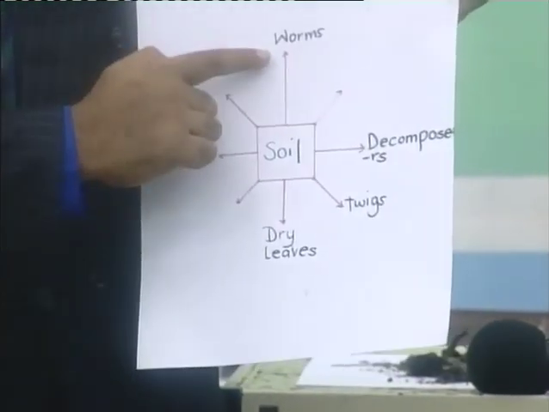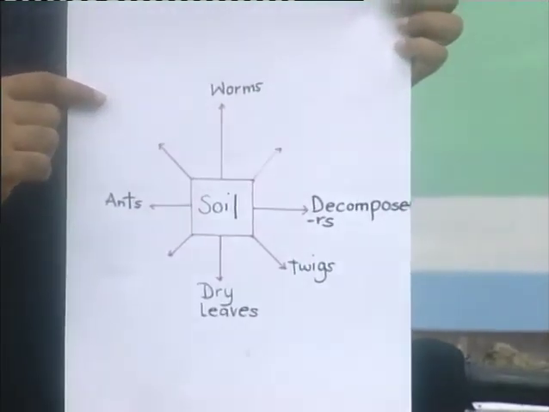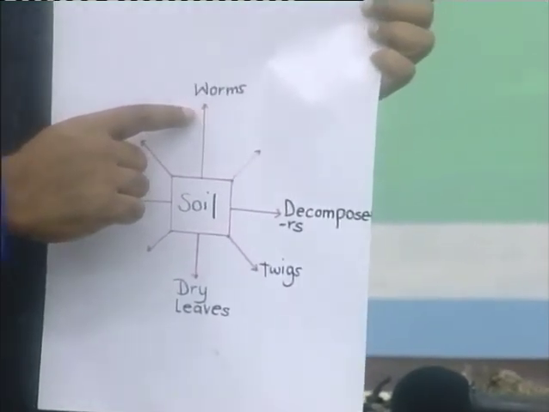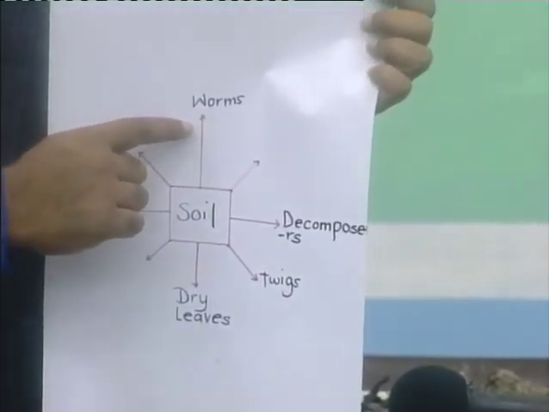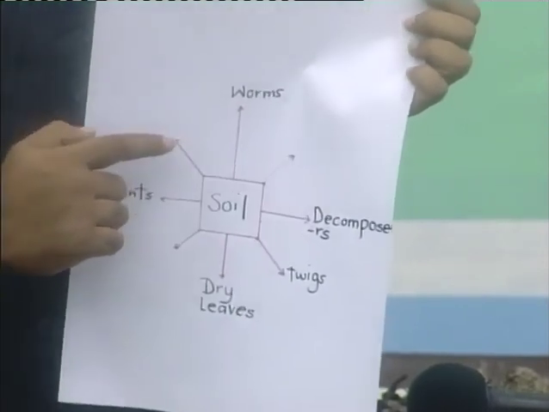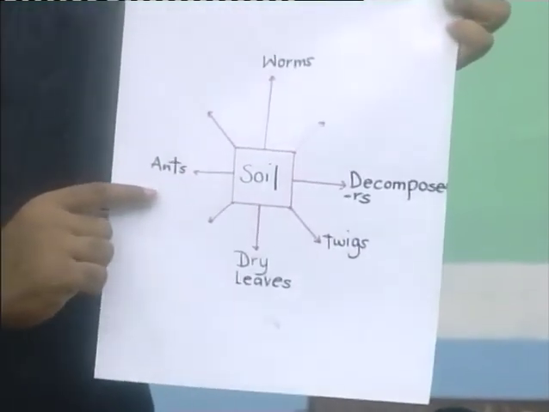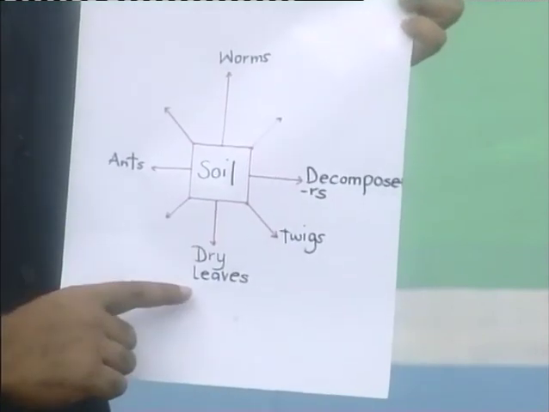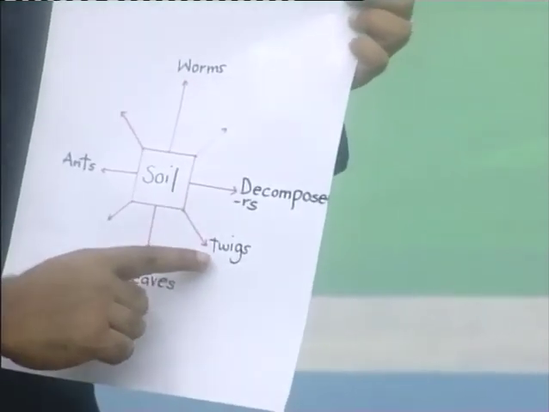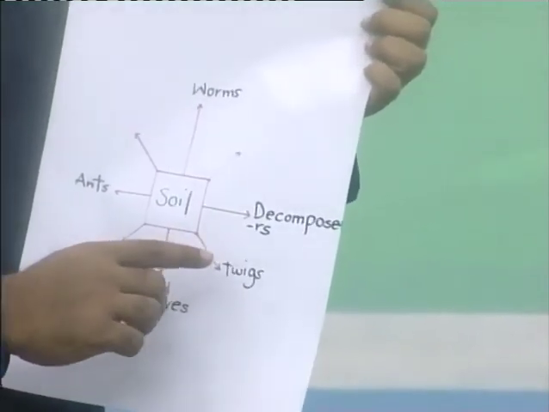We have worms. So in the soil, we find worms. 6E, are we following? Okay. In the soil, we find worms and also ants, dry leaves, twigs, okay, correct? And decomposers.